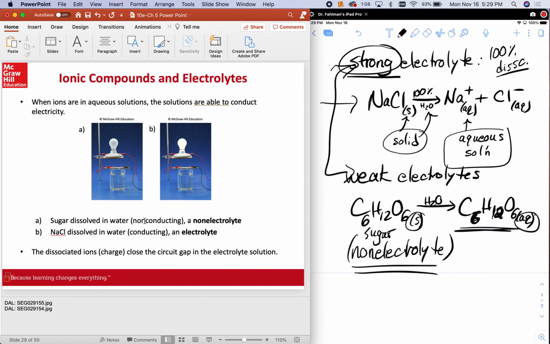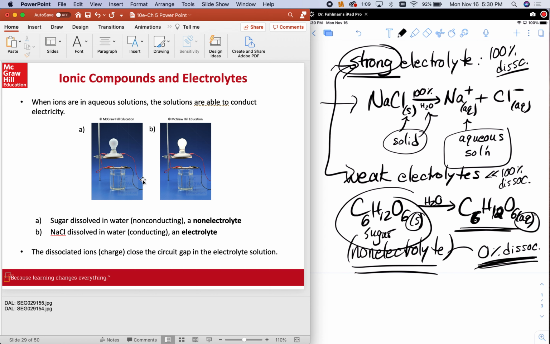A weak electrolyte is usually much less than 100% dissociated, sometimes only like 2% or something like that. And then a non-electrolyte is 0% dissociated. It still could be soluble in water, like sugar dissolves in water, but it doesn't break apart, so it's 0% dissociated.